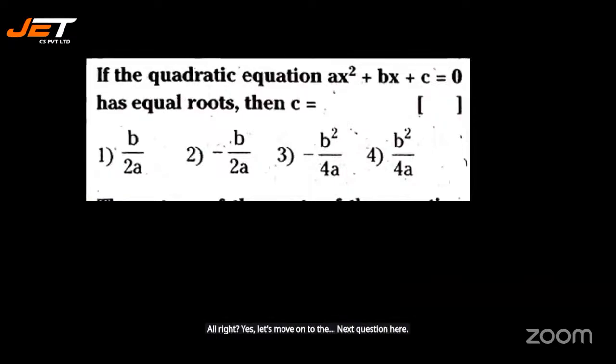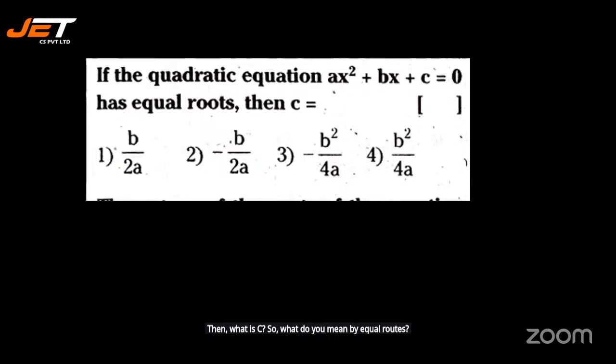Here, if the quadratic equation ax square plus bx plus c is equal to 0 has equal roots, then what is c? So what do you mean by equal roots?